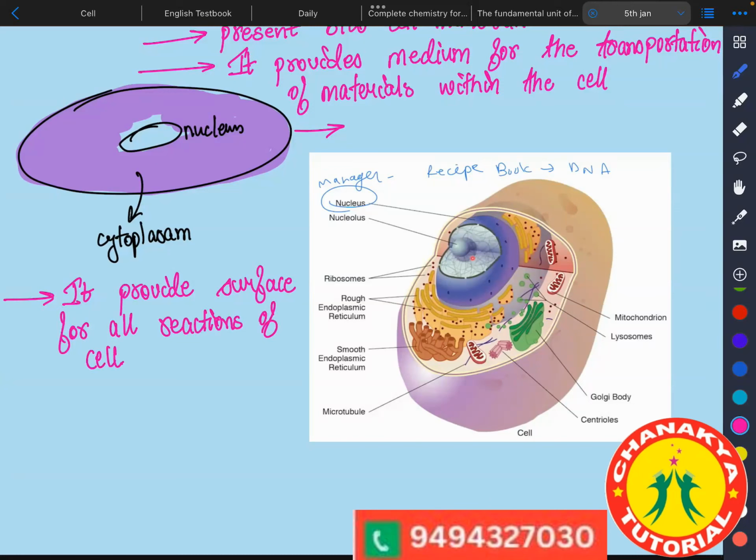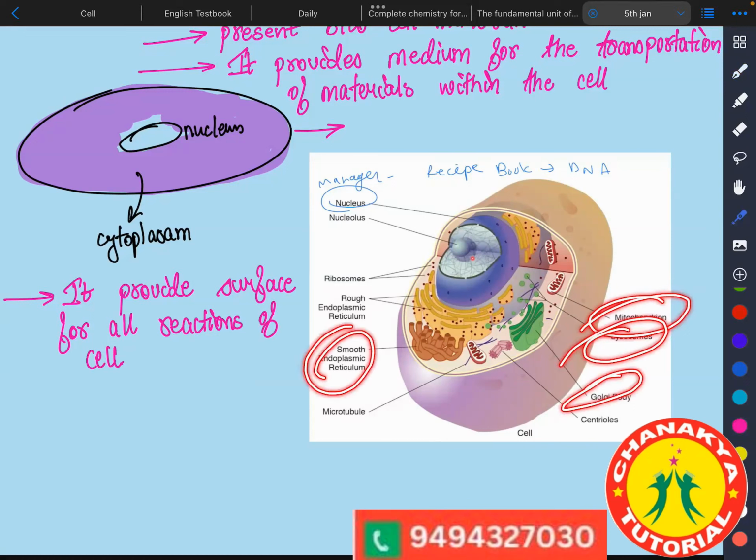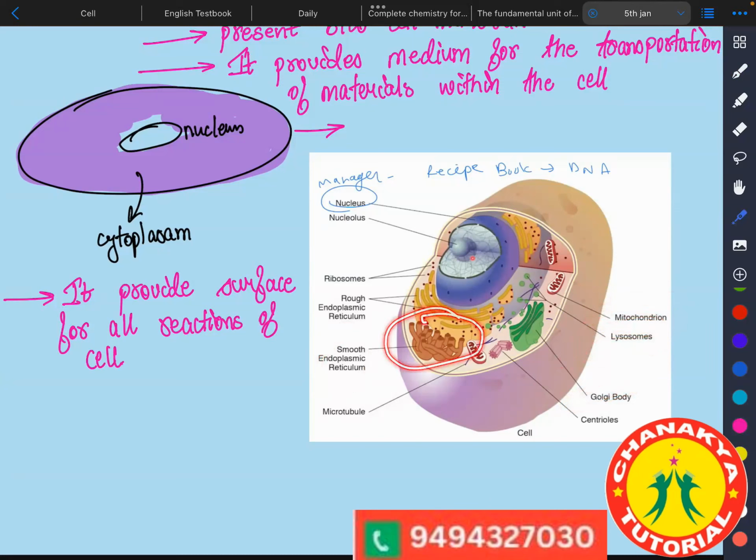How come it is providing the surface for all reactions of the cell? Because you can see that mitochondria are there, lysosomes, Golgi bodies, and the endoplasmic reticulum also. All of these reactions are taking place where this liquid is present. So it is acting like a surface on which all of the reactions are taking place.